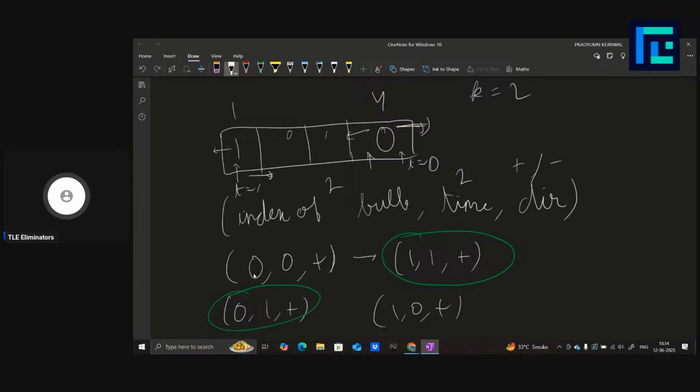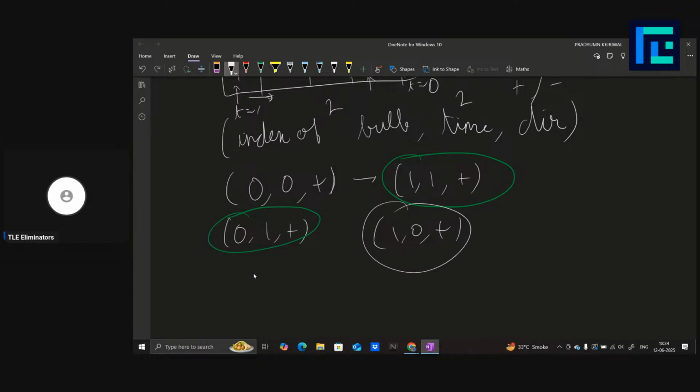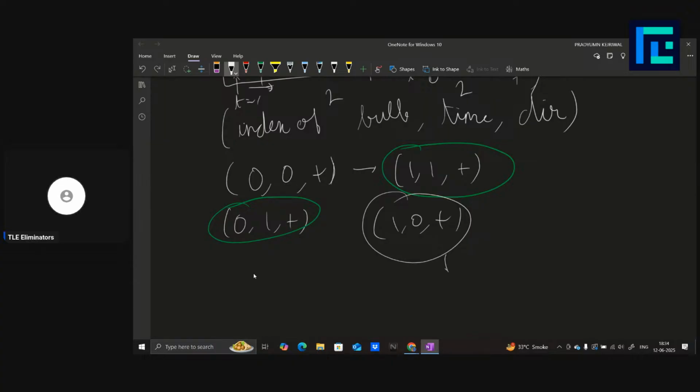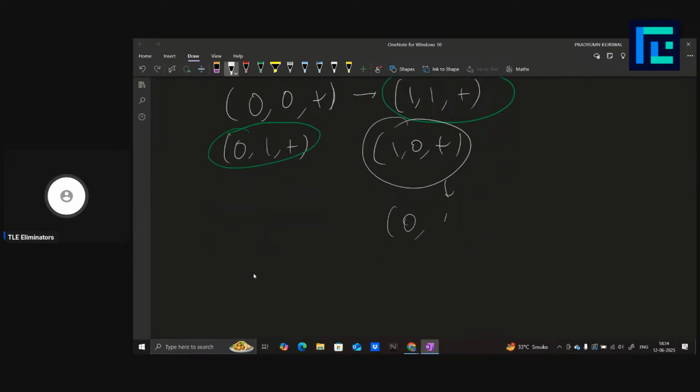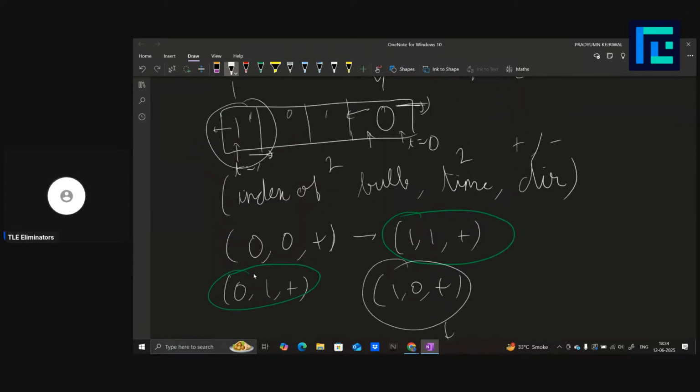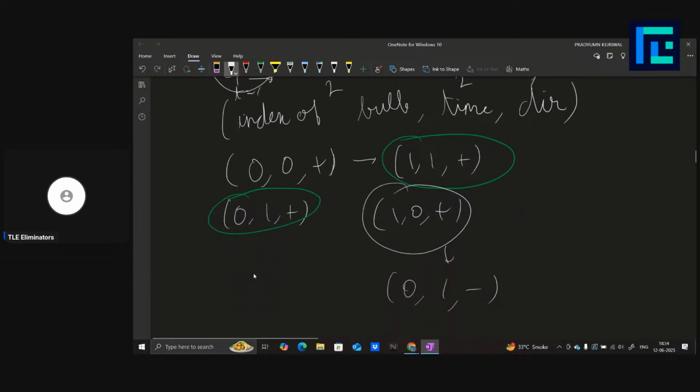So from 1 0 plus I have reached 0 1 negative. I have reached cell 0 at time t equal to 1 and in the negative direction, right? So this state depends on this state.